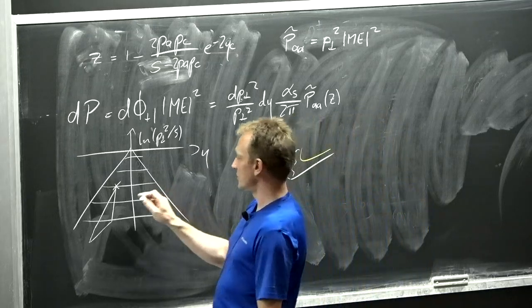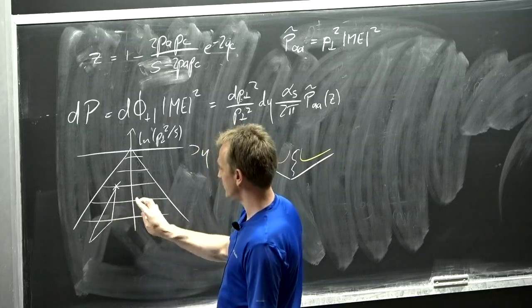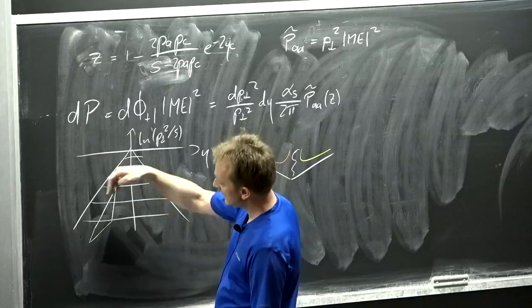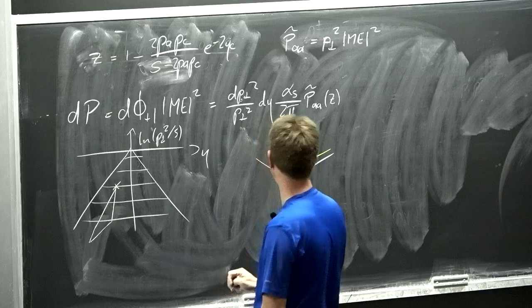In the Lund plane language, this means that this fold evolves together with this half plane further towards smaller pt, and the other side of the fold evolves together with this half plane.